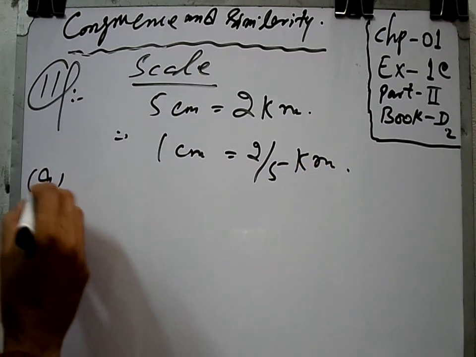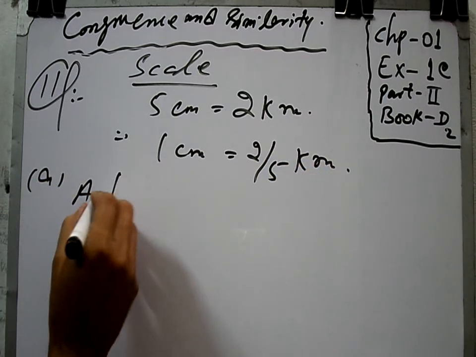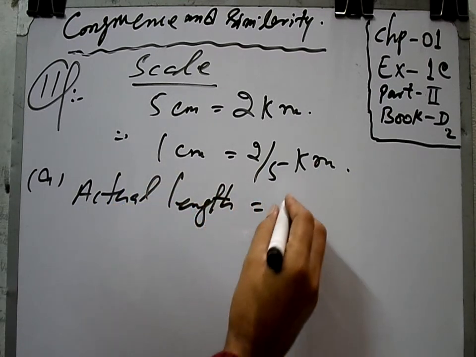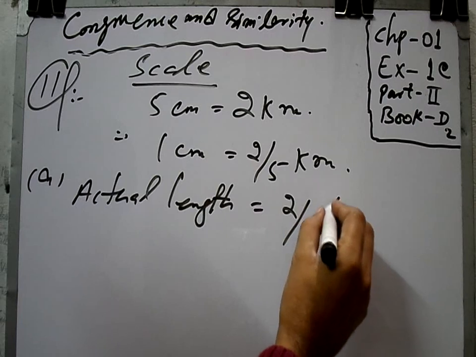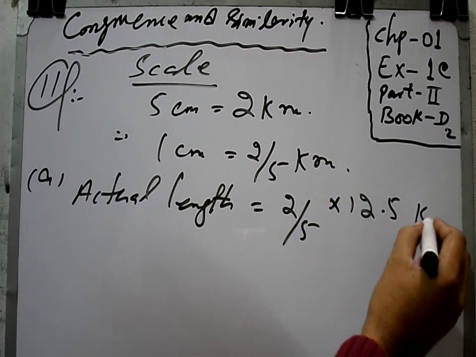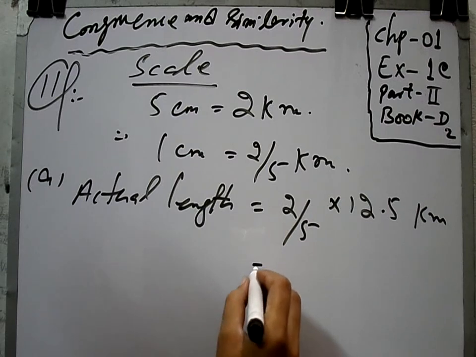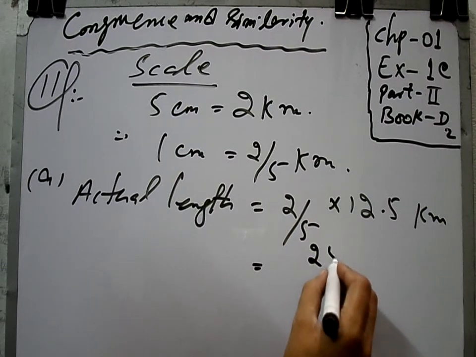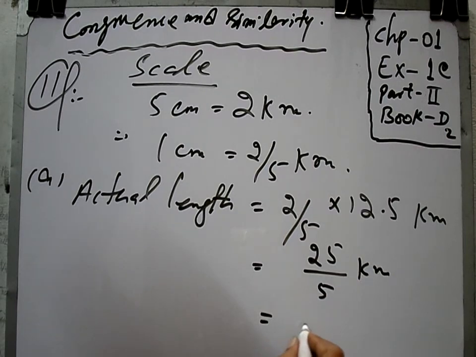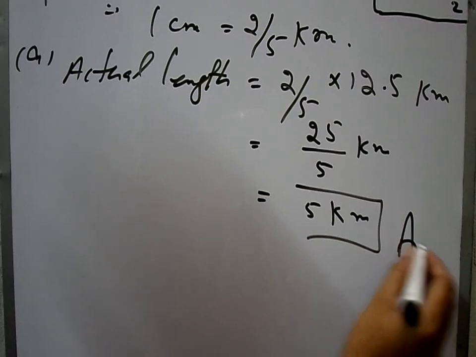So in A portion, actual length is equal to 2 by 5 multiplied by 12.5 is given to us, in kilometer, and that will be equal to 25 divided by 5 in kilometer, and you will get the result 5 kilometer. So that is your one answer.